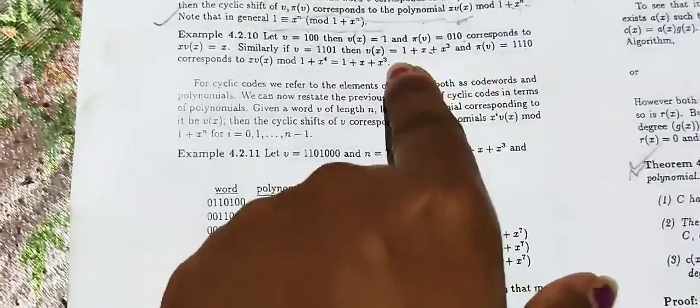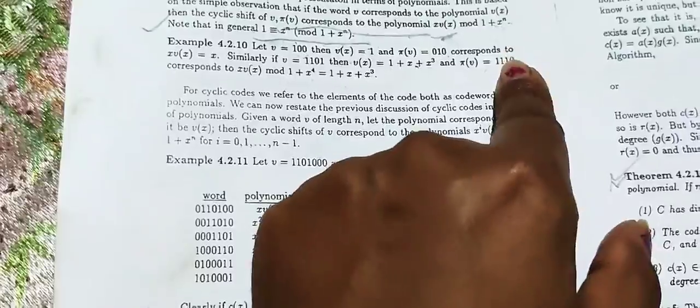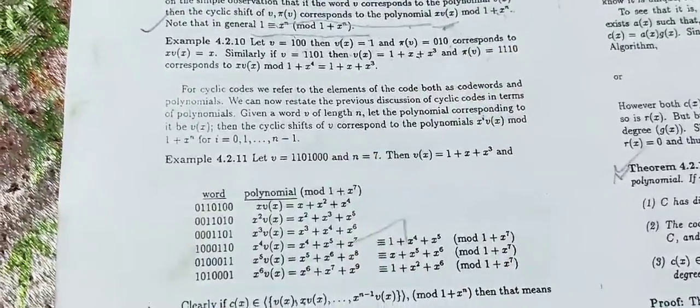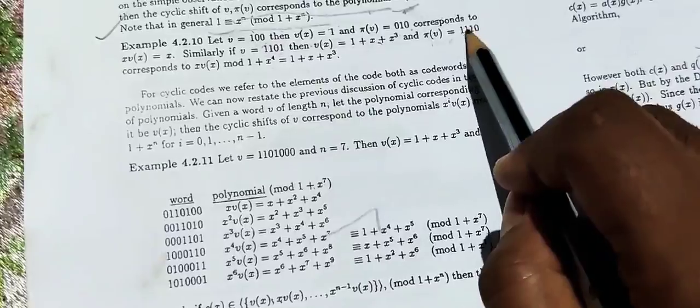Similarly, v of x is 1 plus x cube. So the first one is 1, the second digit is 1, the third one, x square, is 0. So that is 1 1 0. I'm sorry, this is 1 1 0 1. And the shifting, pi of v, is where the last one comes to the first: 1 1 1 0.